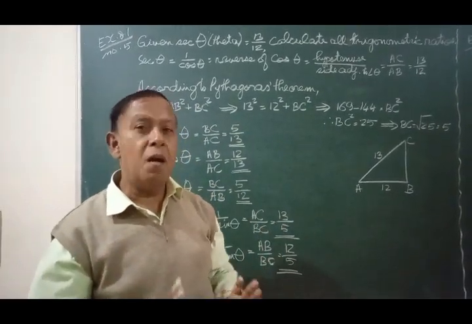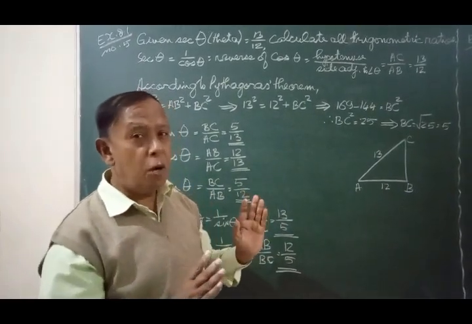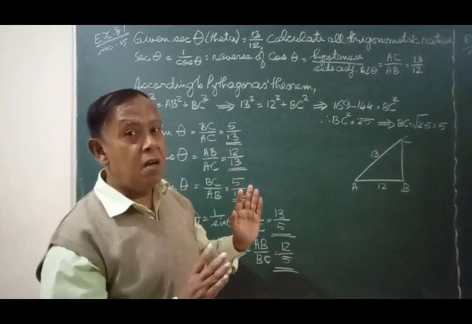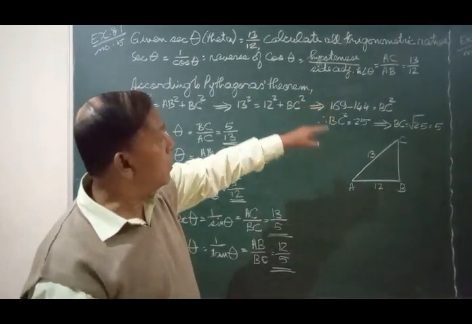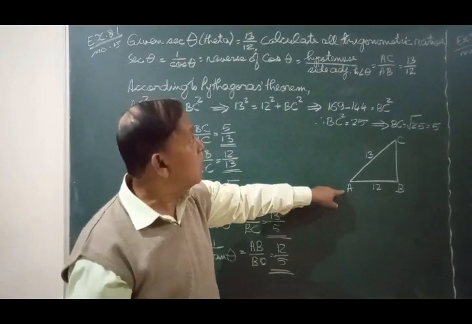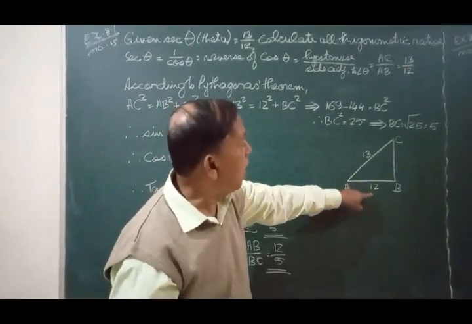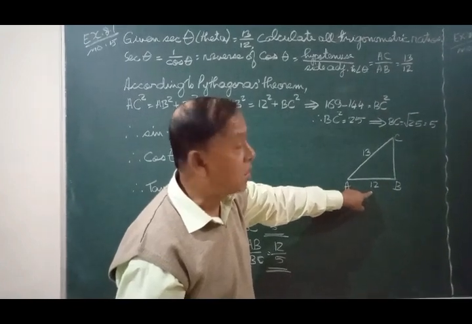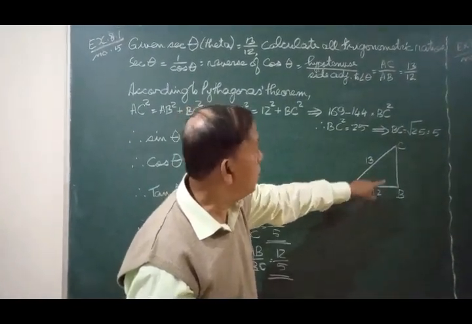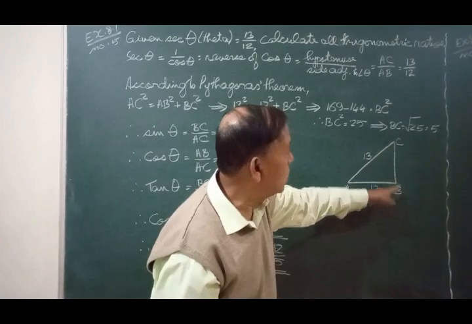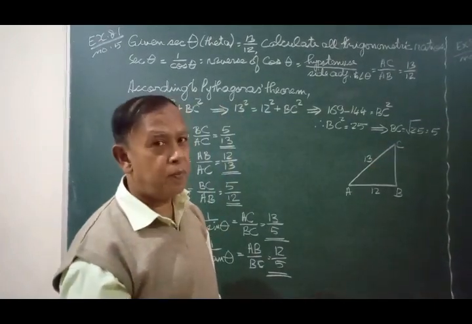Any angle, but a fixed angle. So we are now fixing angle A. Hypotenuse is 13 and the side adjacent is 12. Now we are to find out what the side opposite is.